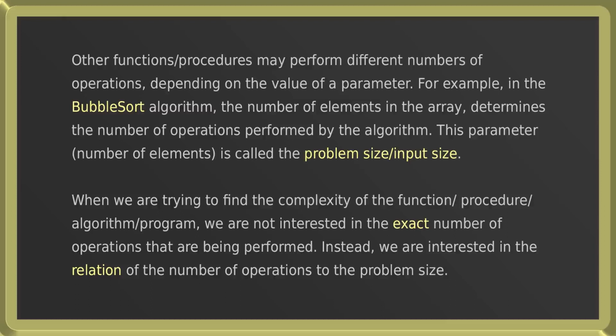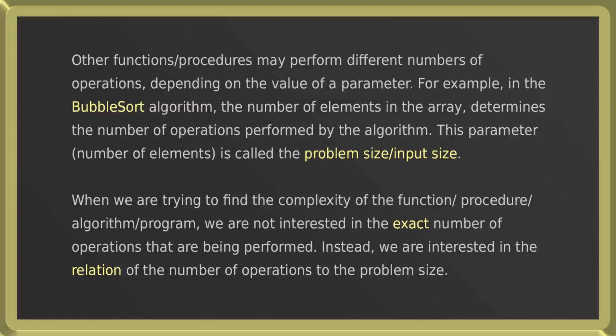Other functions/procedures may perform different numbers of operations, depending on the value of a parameter. For example, in the bubble sort algorithm, the number of elements in the array determines the number of operations performed by the algorithm.